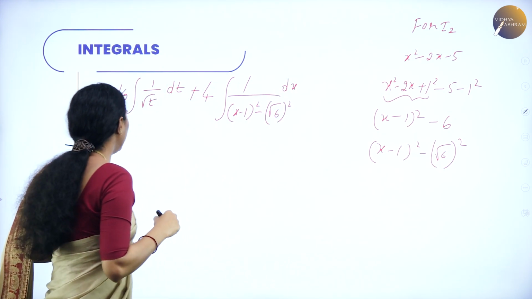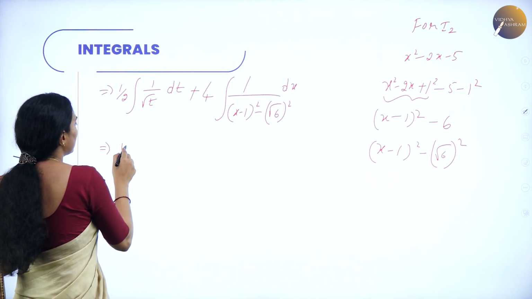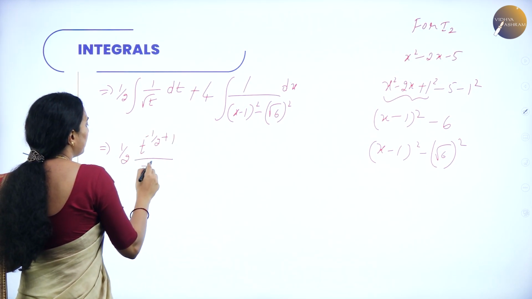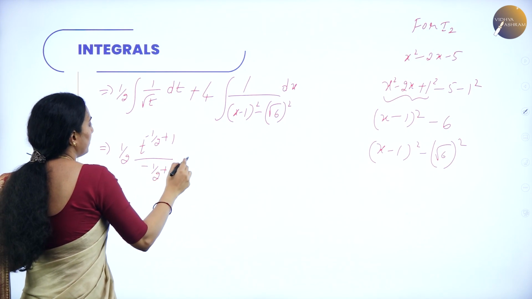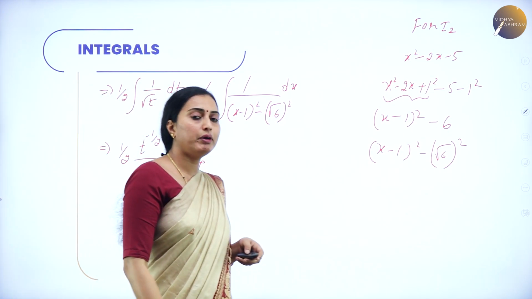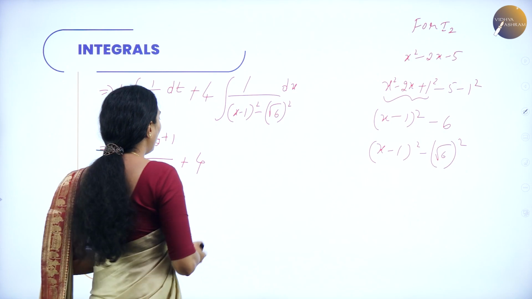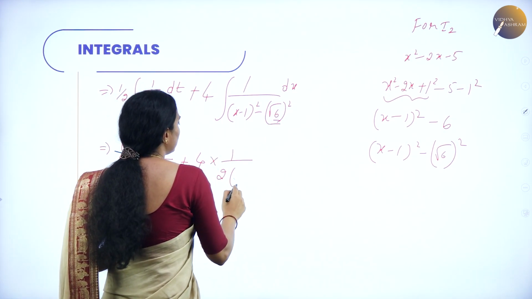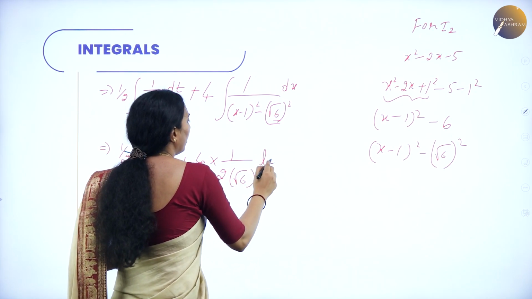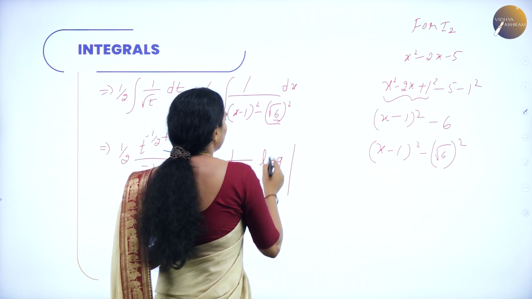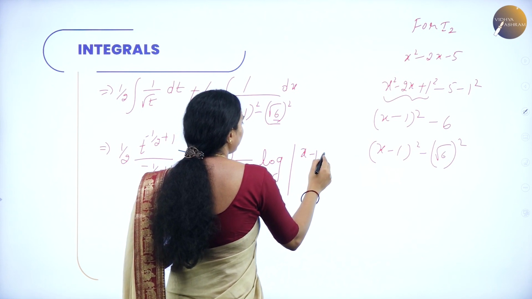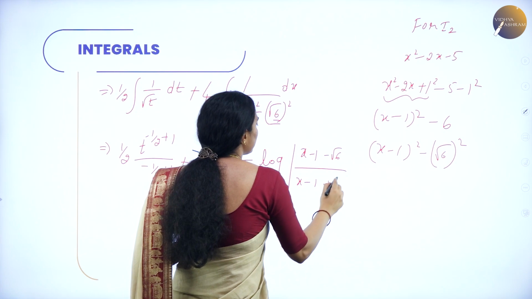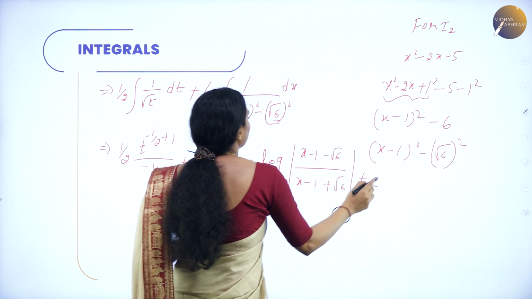Now this will become t to the power of minus half, which implies half into t to the power of minus half plus 1 divided by minus half plus 1, plus 4 into 1 divided by x squared minus a squared, which gives you 1 by 2a into log. a is nothing but root 6. 2a into log of x minus a, that is x minus 1 minus root 6, divided by x plus a, x minus 1 plus root 6, plus c.